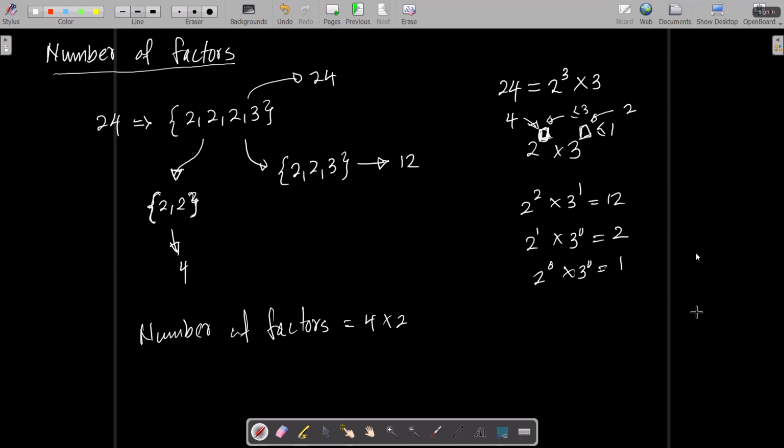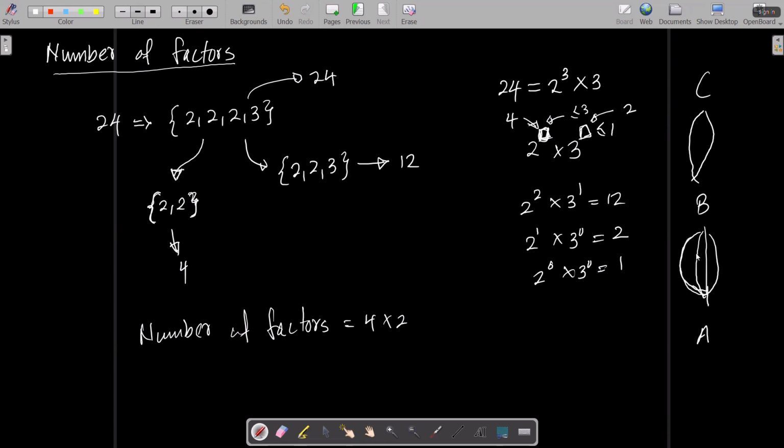It is similar to something like this. We have 3 towns, let's say A, B, and C. To go from A to B, let's say we have 4 paths like this. And to go from B to C, we have 2 paths like that. So how many possible paths are there to go from A to C?